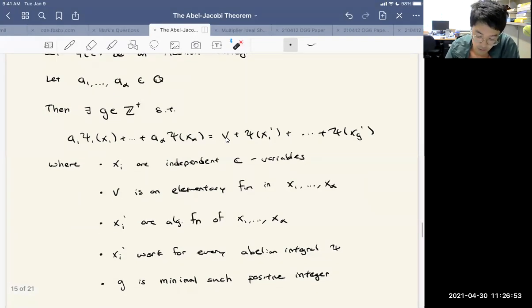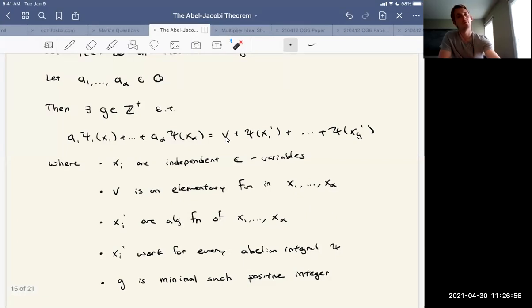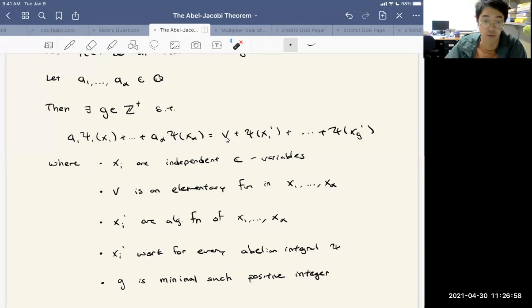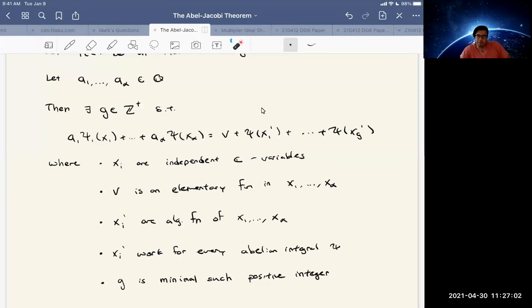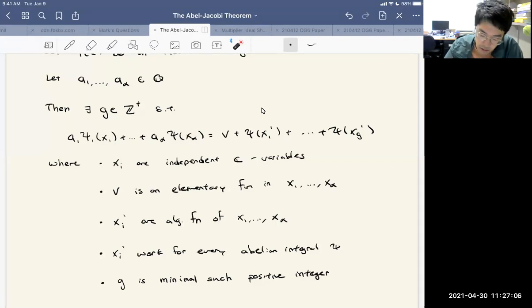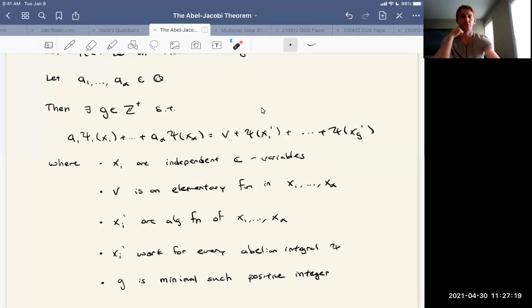So let me pause here for a second and see if there are any questions about the notation that maybe I didn't explain well enough. So each xi prime depends on maybe all the xi's? Yes, correct. So I have my initial variables x1 up through x alpha, and I can write these xi primes in terms of those. So kind of like a change of variables. So does g just depend on alpha essentially?